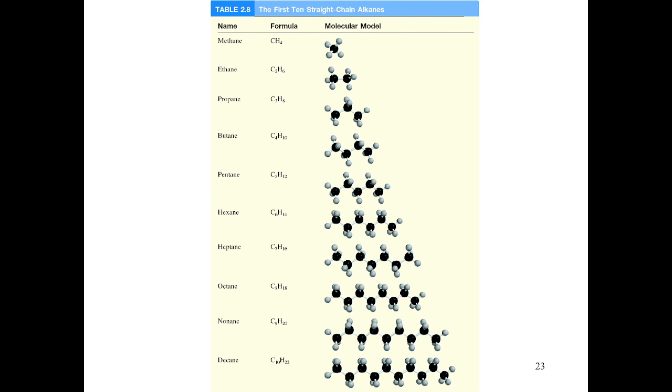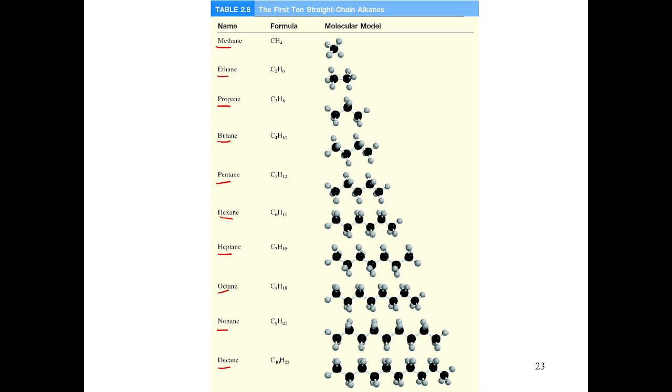As you may see here, instead of mono, di, tri, and so on, organic chemistry uses another system wherein we will have our met, et, prop, but, pent, hex, hep, oct, non, and dec. We will be talking more about that later on in your organic chemistry.